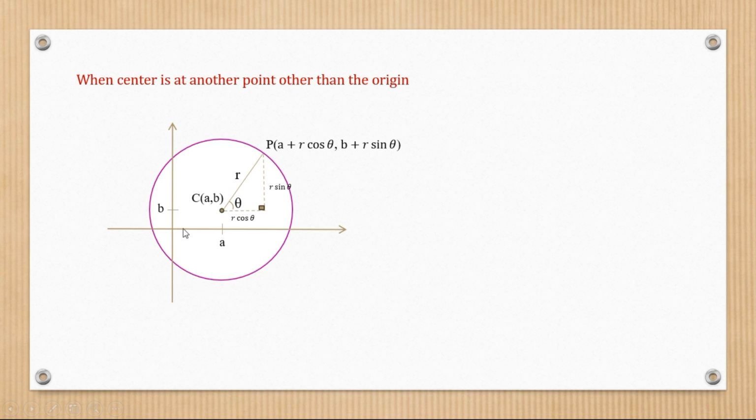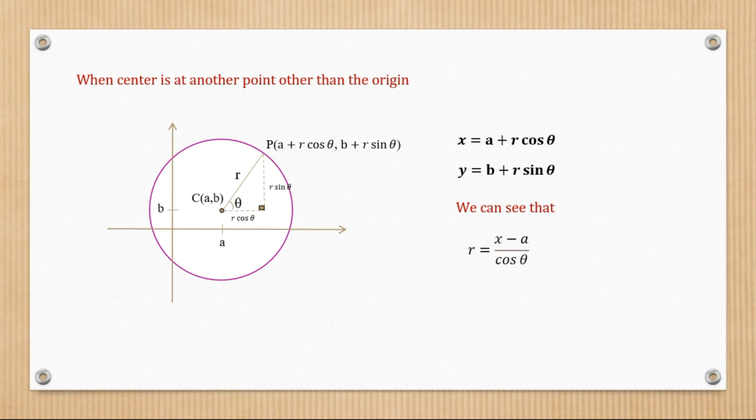To move from here to this point on the horizontal is going to be equal to a plus r cos theta. And to move from this point to this point, it shall be equal to b plus r sin theta. That's going to be the y-coordinate of P. Therefore in this case, x shall be equal to a plus r cos theta, and y shall be equal to b plus r sin theta.